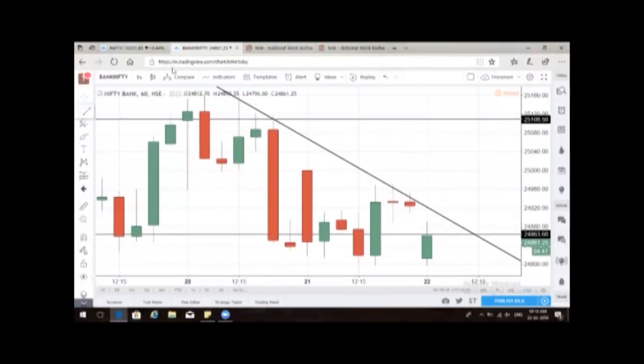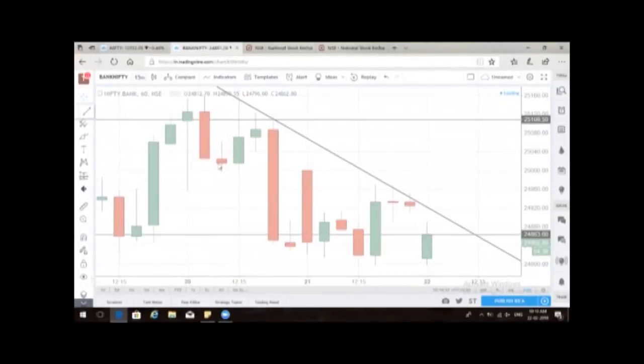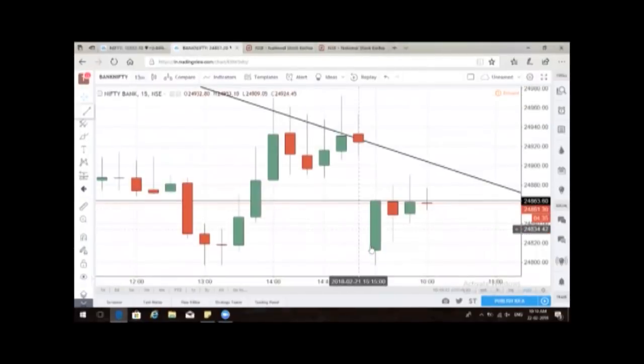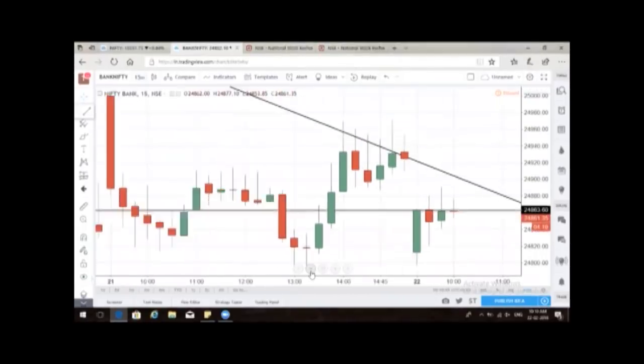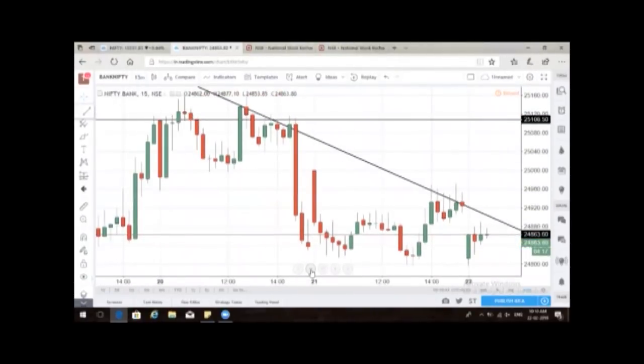So that is what you can look out for in Bank Nifty. Currently, it is turning out to be strong after the gap down opening. It is trying to inch higher, but the upside can only be marked if it breaches yesterday's close. Otherwise, it is just a filling of the gap and then it can again come down to see further selling coming in. So that is Bank Nifty.